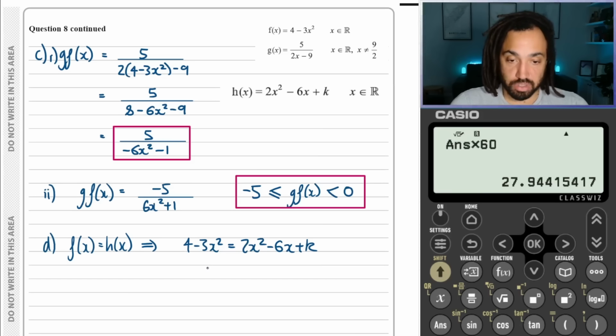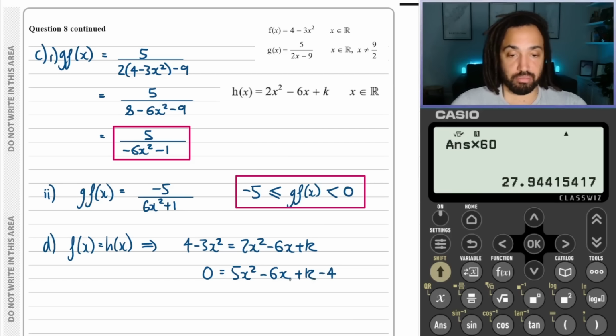Let's bring it all over to one side. So add the 3x squared and minus the 4. So it equals 0.